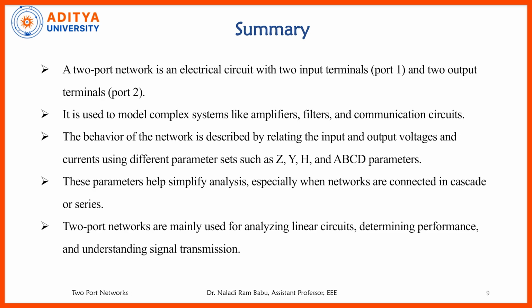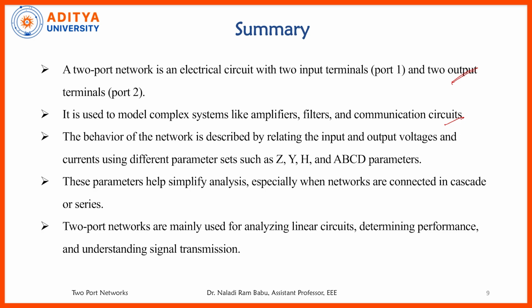Okay. And coming to the summary, in this session we have gone through what a port is and what a network is, and how many ports there are in a two-port network. We have also discussed where these two-port networks are used, such as amplifiers, filters, common emitter circuits and common base circuits.